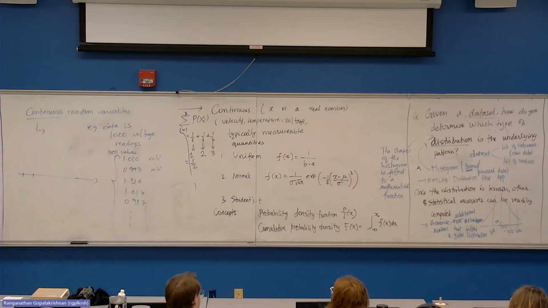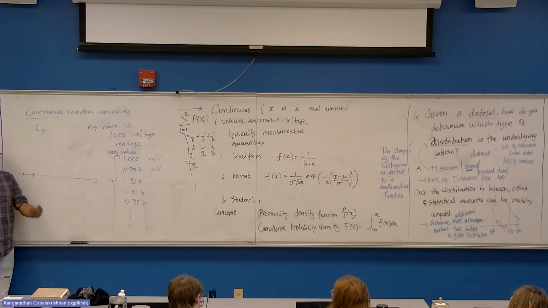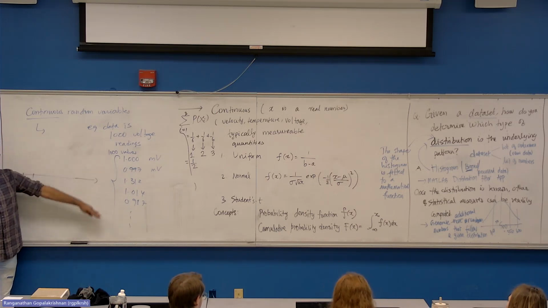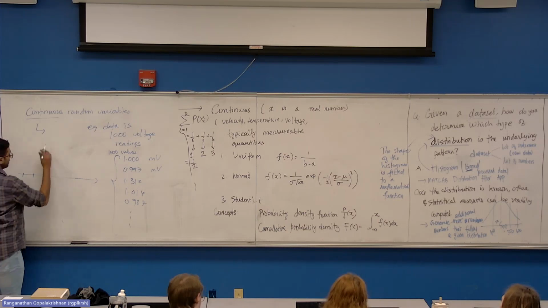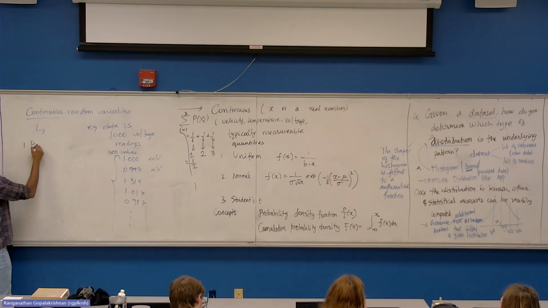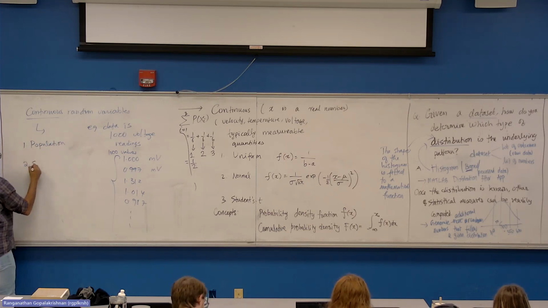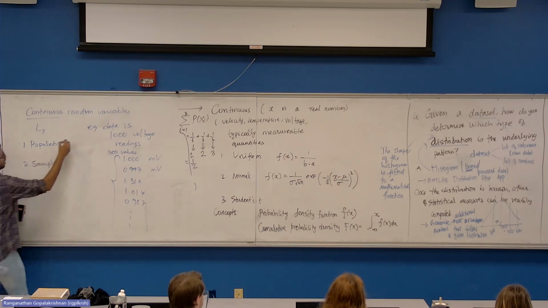In reality, you can acquire as many values as you want. You could acquire 100,000 or 10 billion for all you care. This is just a sample out of a population. So the first terminology we are introducing is population and sample. What is population?